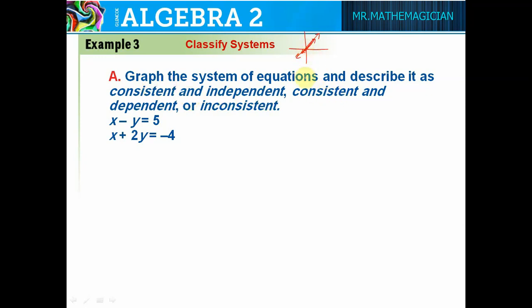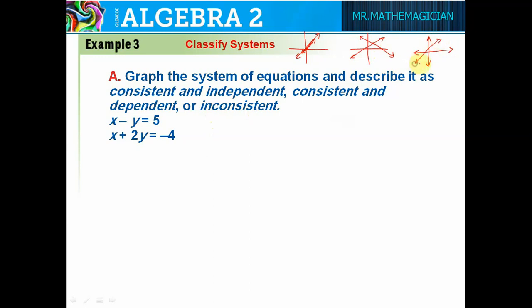Consistent and independent. Independent means every line has its own direction and they will intersect at one point. This is consistent, independent. Now inconsistent means no solution, and in this case you will find the two lines are parallel.